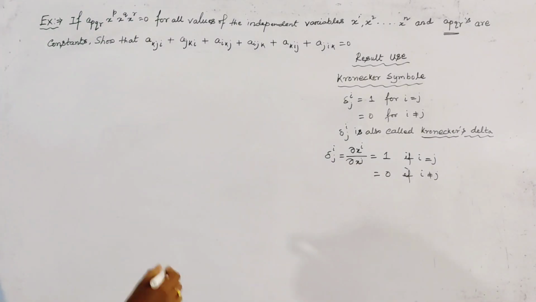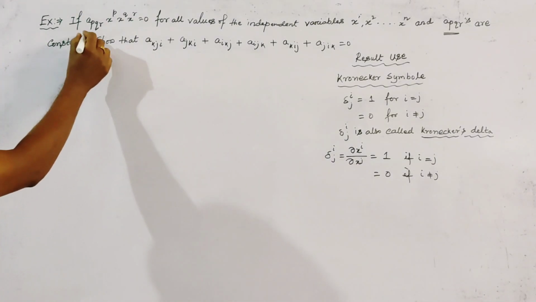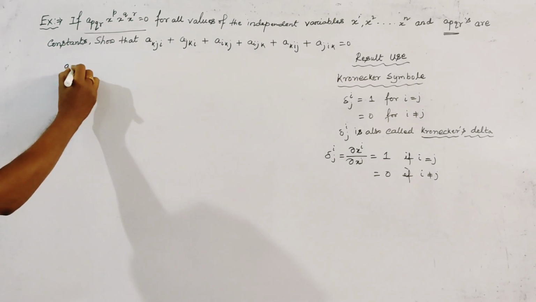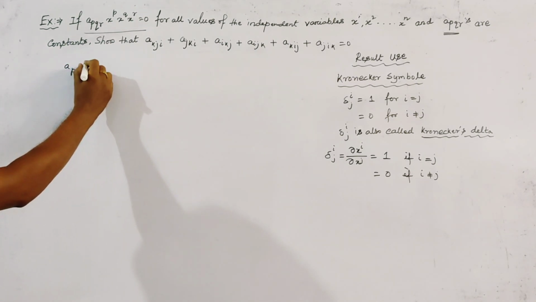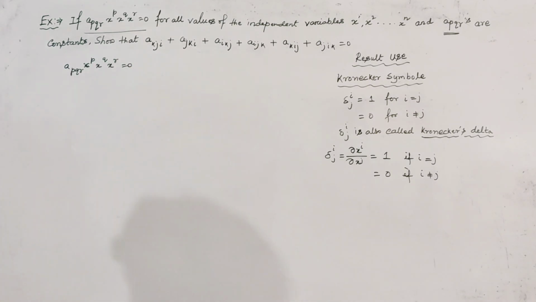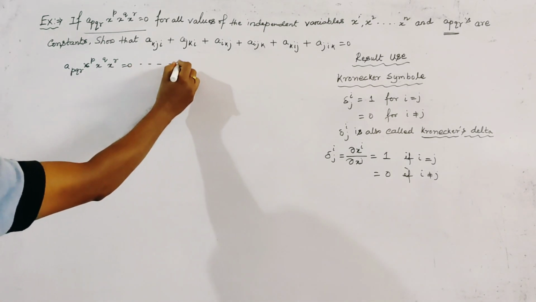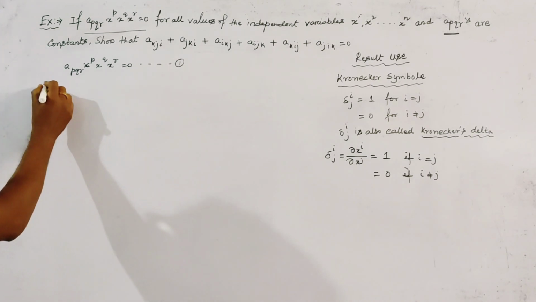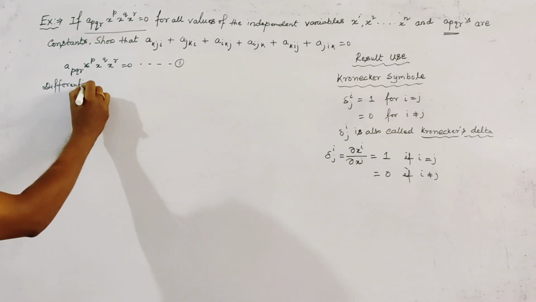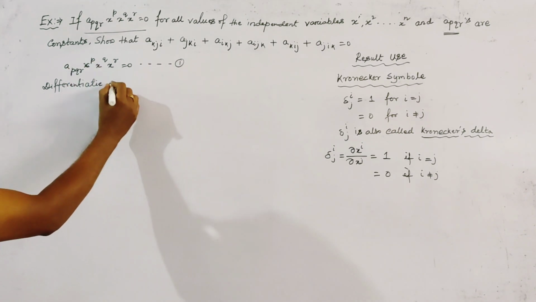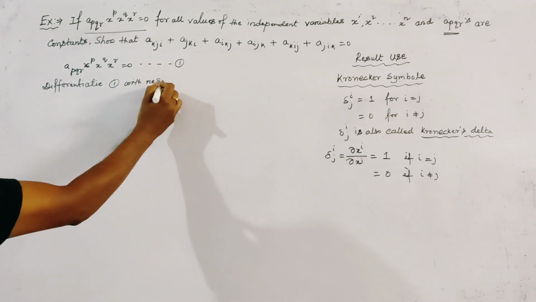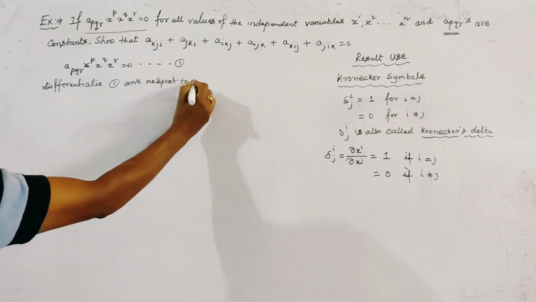Now the given relation is a^{PQR} x_P x_Q x_R equal to 0, and this is named as 1. Now differentiate 1 with respect to xi.